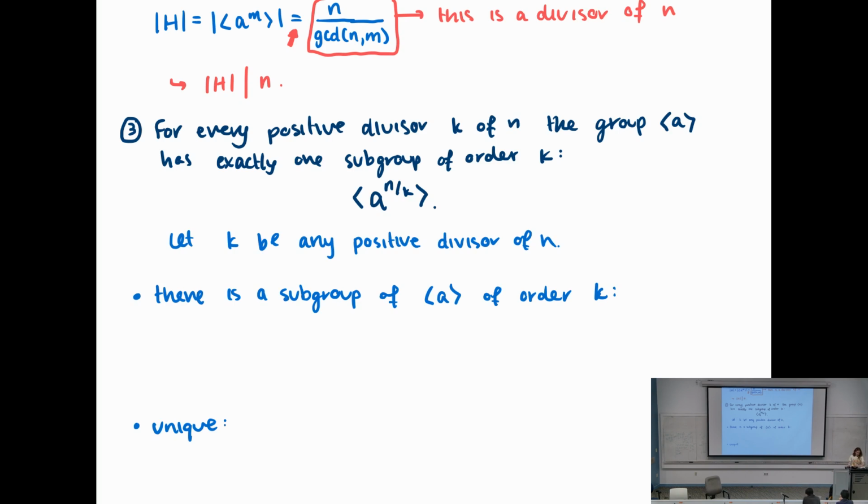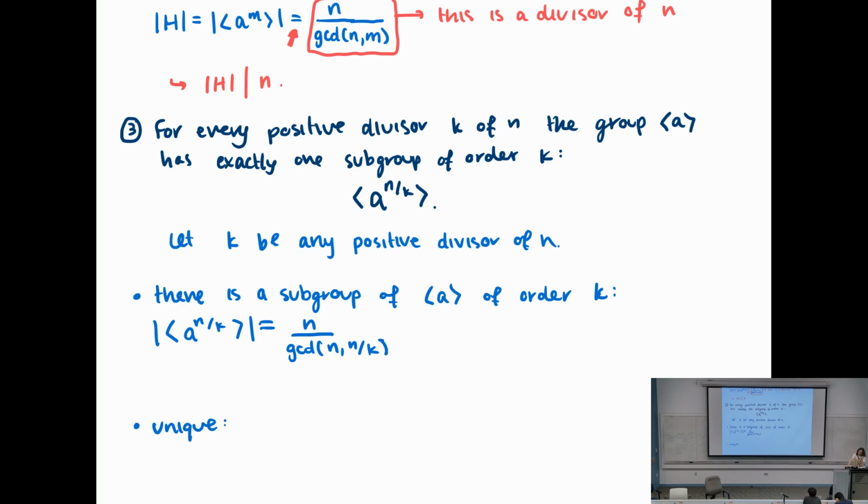Okay, so the theorem says that it's going to be this subgroup, so let's look at a to the n divided by k. The order of this is equal to, by the previous theorem, n divided by the GCD of n and n over k.